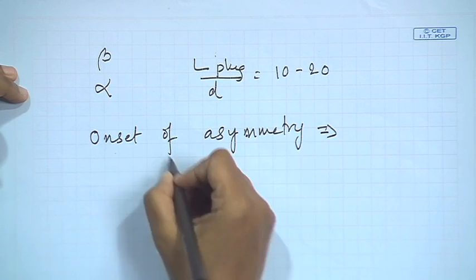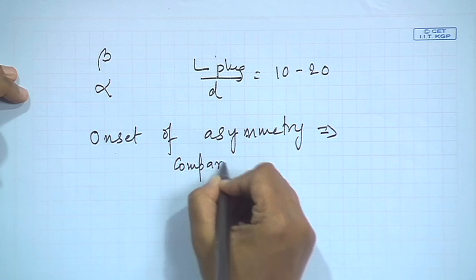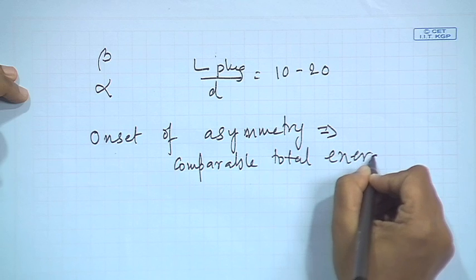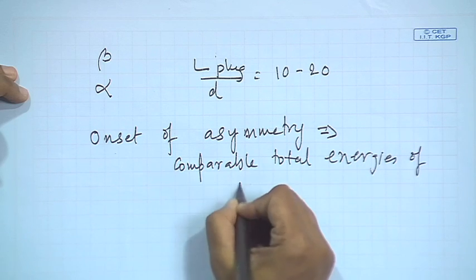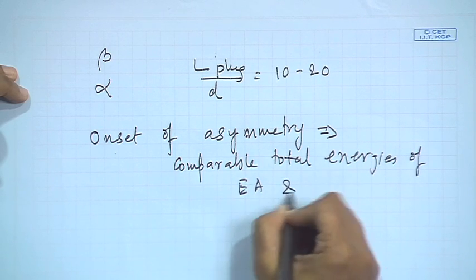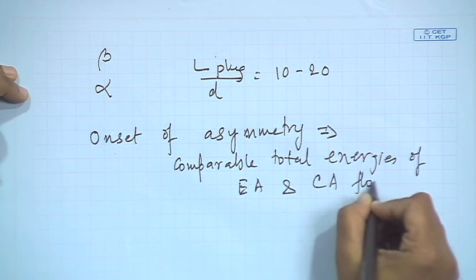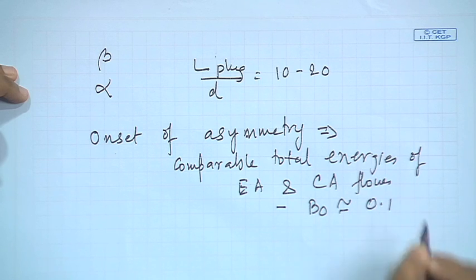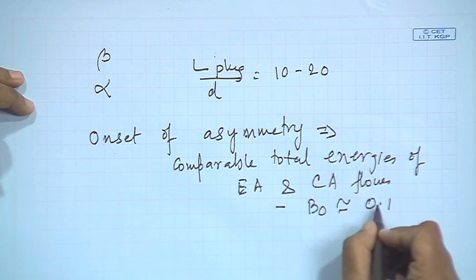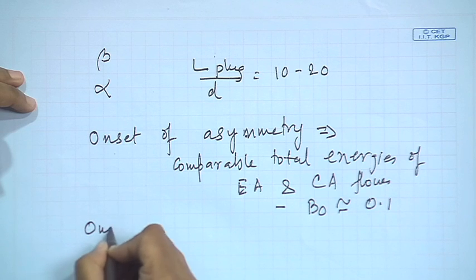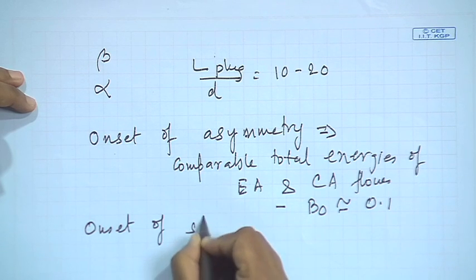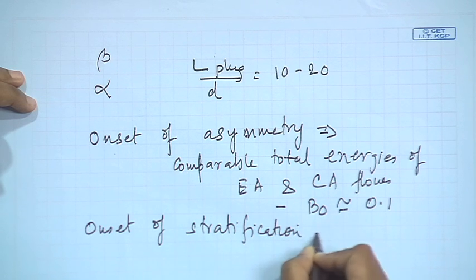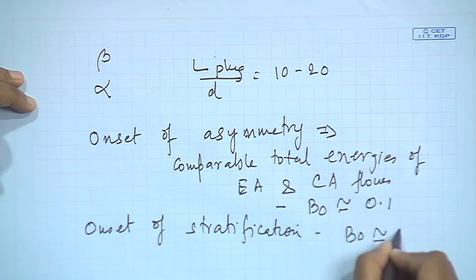We found that the onset of asymmetry, which is marked by comparable total energies of eccentric annular and concentric annular flows, occurs for a bond number close to 0.1. And the onset of stratification occurs for a bond number close to 10.